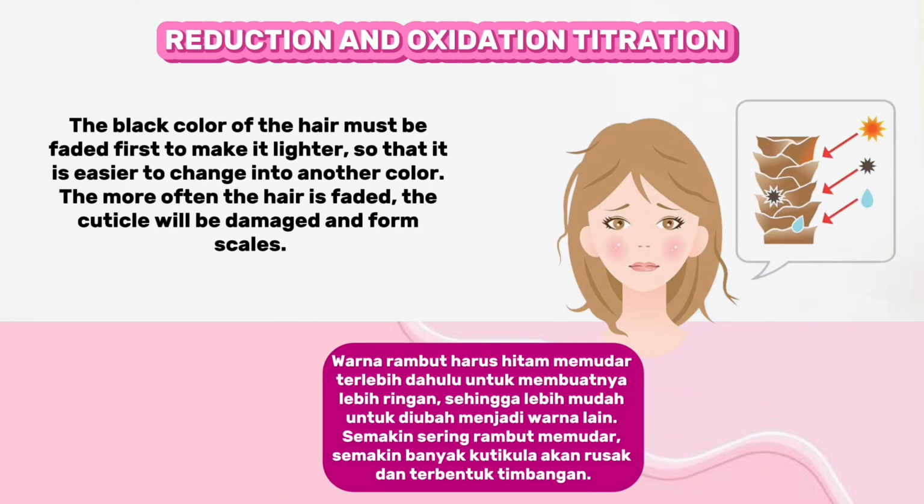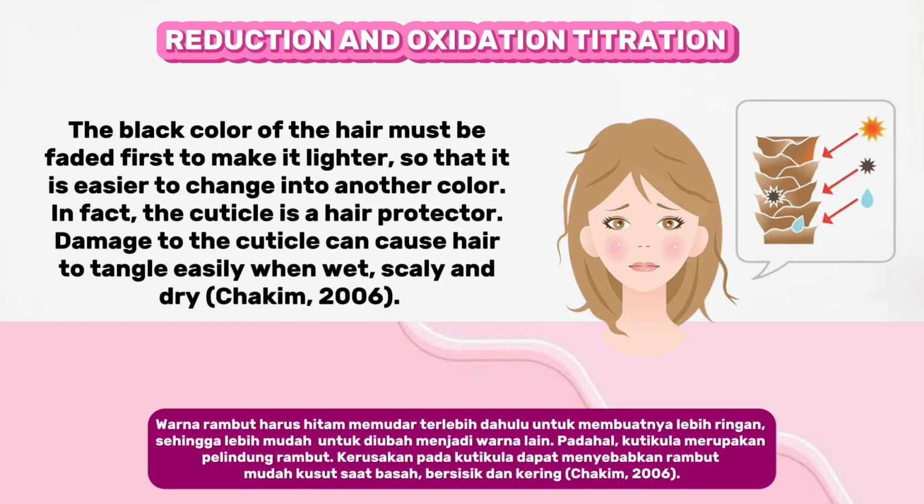The black color of the hair must be bleached first to make it lighter, so that it is easier to change into another color. The more often the hair is bleached, the more the cuticle will be damaged, and so will the scalp. In fact, the cuticle is a hair protector. Damage to the cuticle can cause hair to break easily when wet, and become scaly and dry.